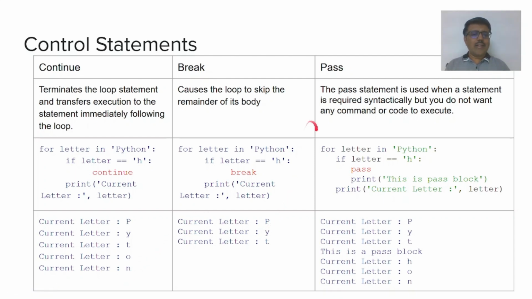Then next is the pass. The pass is nothing but I got that particular letter. For example, the same thing here, H is there. But the moment I get H, I just print a message. This is the pass block. That means I can just give some printing here, and then keep continuing. But here the H also gets printed and it gives me an alert.